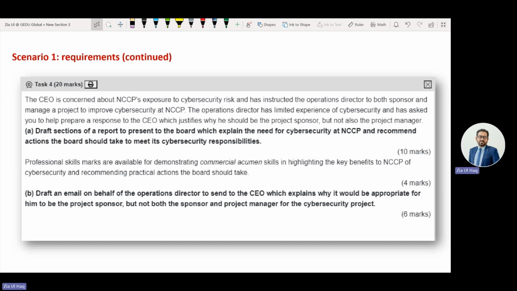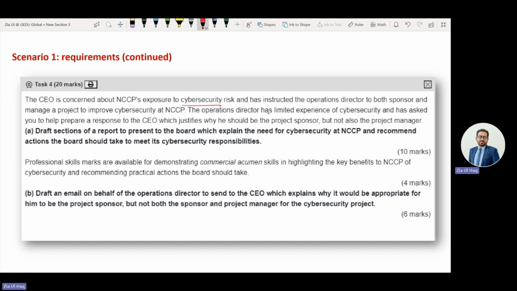So the CEO is concerned about NCCP's exposure to cybersecurity risk: the risk of loss of data, or the risk of hacking to the system. That is called cybersecurity risk.